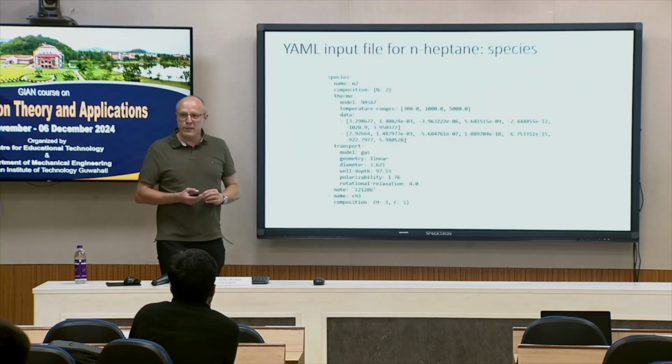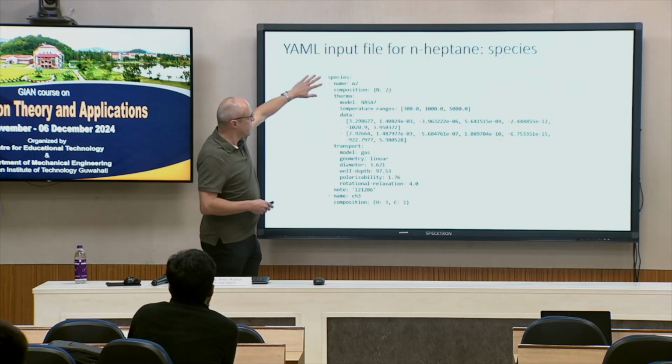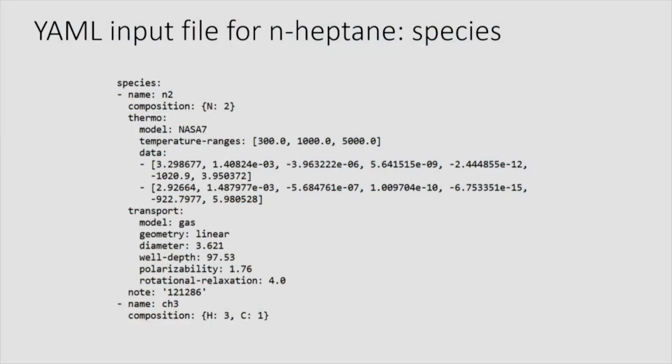And then for each species we find the thermodynamical data we need. So we have here nitrogen. For the thermodynamical data, there is a specific model and temperature range. That's the way you normally find these data.